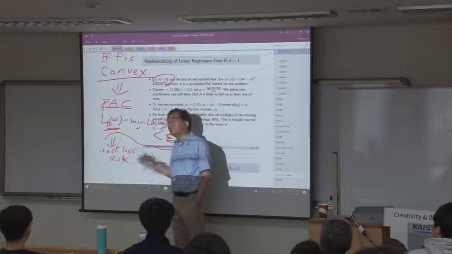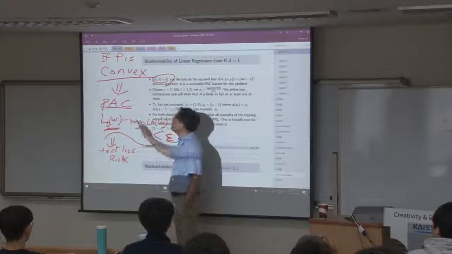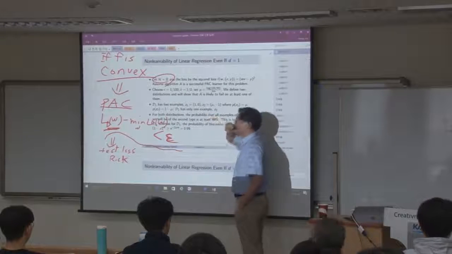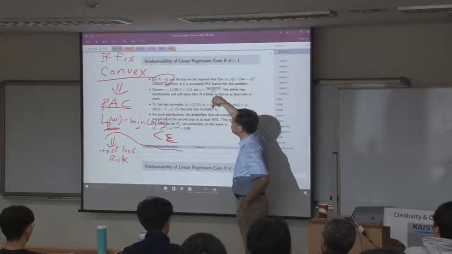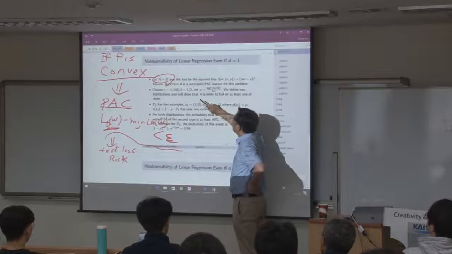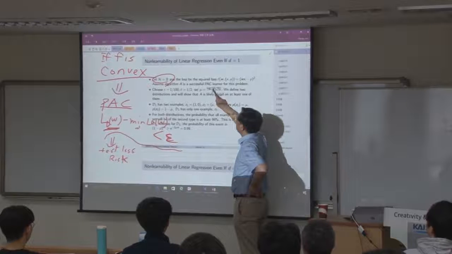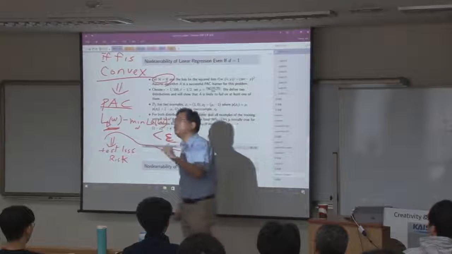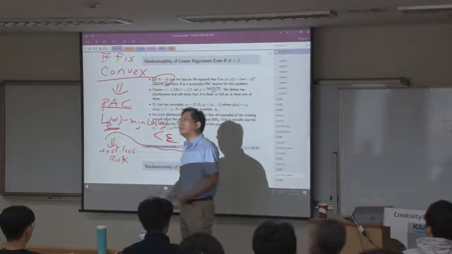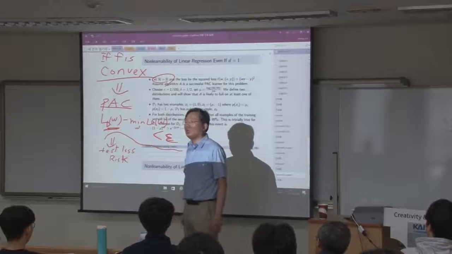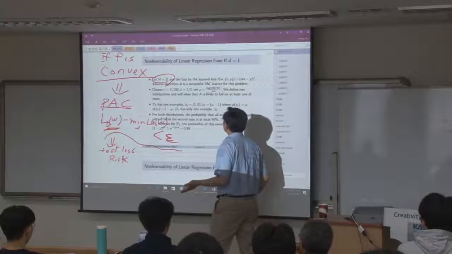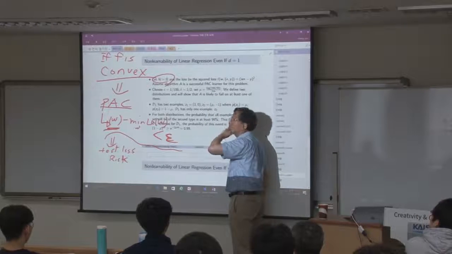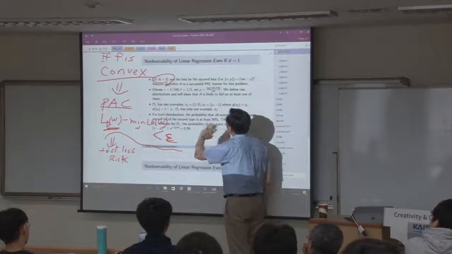So that's a very loose condition. I'm just going to give you this mu that I'm going to use for the data. The mu is some constant, log of this number, divided by 2n. n, by the way, is the number of data. So if I have 1,000 data, then it will be divided by 2,000.